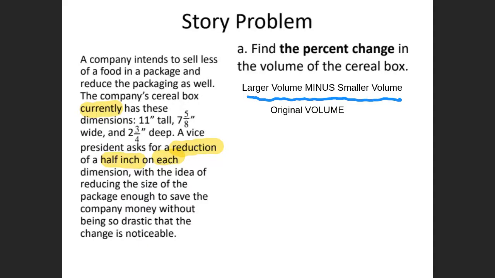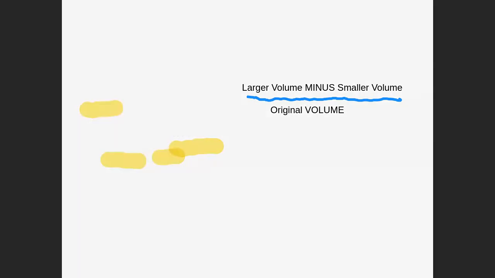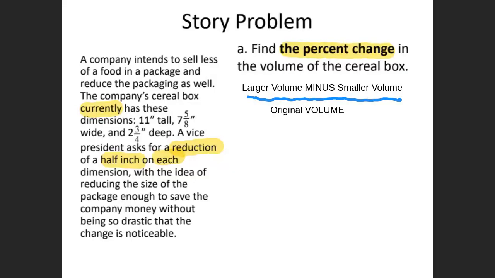Now, this question is bringing in old pieces. Find the percent change in the volume of the cereal box. The larger volume, we're going to find in a minute. The smaller volume, we're also going to find. The original volume uses the current dimensions.